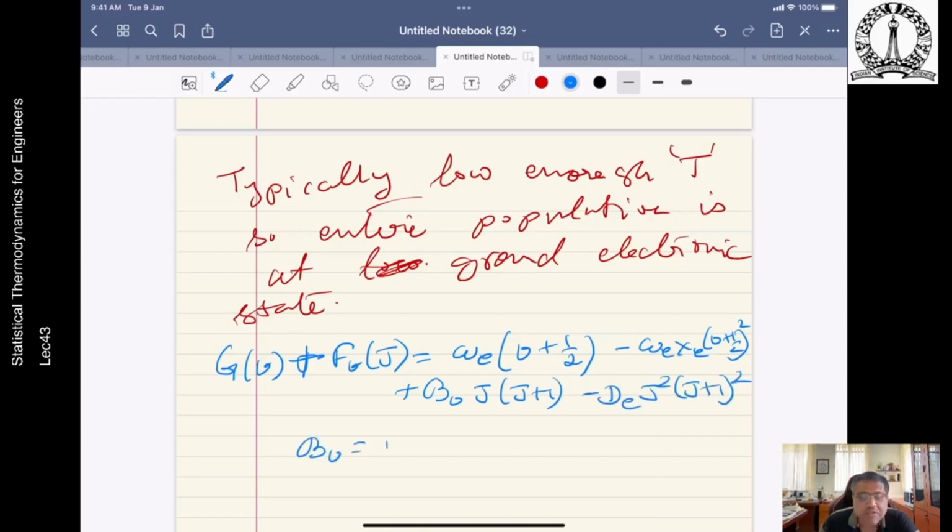BV is equal to BE minus alpha E times V plus half.